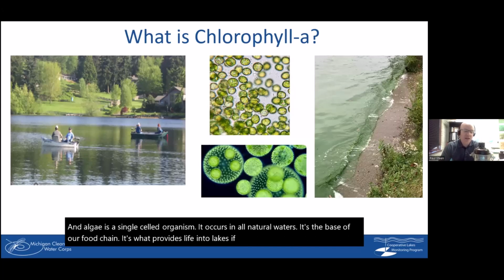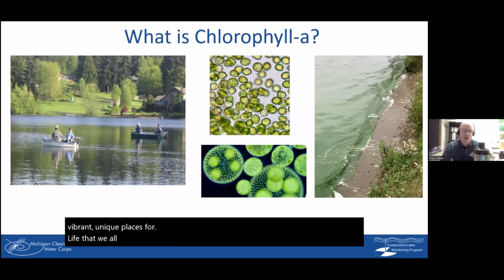If you had a lake without algae in it, you would actually have a swimming pool, or maybe a cup of drinking water. So it's needed. This is a needed thing in our lakes to make them the vibrant, unique places for life that we all enjoy. So that's what algae is.